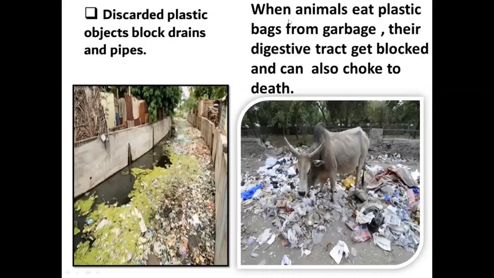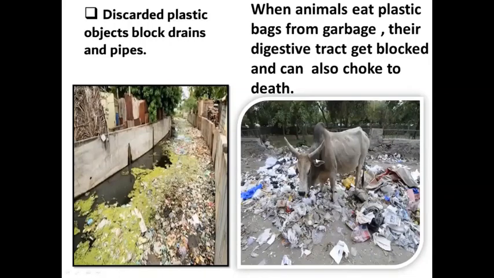Look at this. When animals eat plastic bags from garbage, their digestive tract gets blocked, and they can also choke to death. You can see in the picture here is a complete garbage. Animals don't know what they are eating, right? So while eating, sometimes along with some food, they will eat plastic bags too, right? And what happened to this plastic bag?